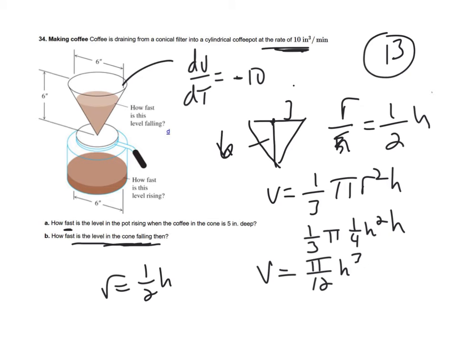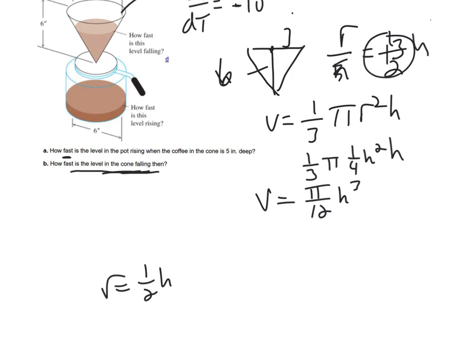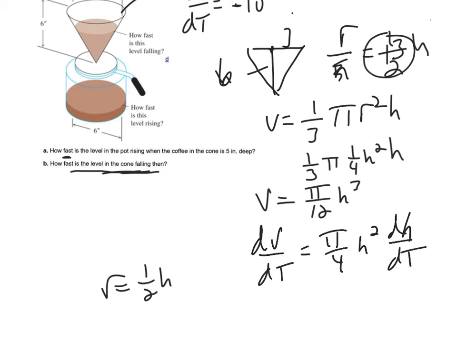Now let's take the derivative. So dV/dt equals, bring down the 3, and the 3 and the 12 cancel, so I get pi over 4 h squared dh/dt. Now we know the height in the cone is 5, so we can just do some substituting. Now, they are saying how fast.